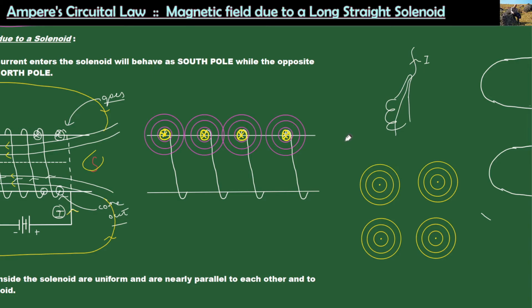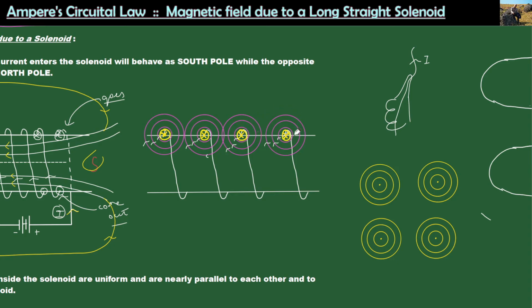All these loops will be moving in the counterclockwise direction. Over here also, these pink colored circular loops will be representing the magnetic field.